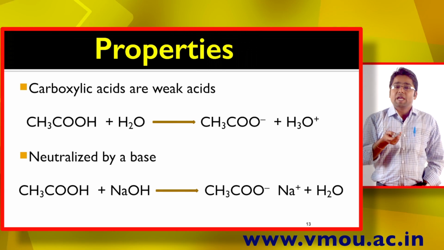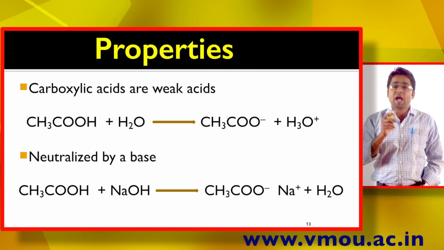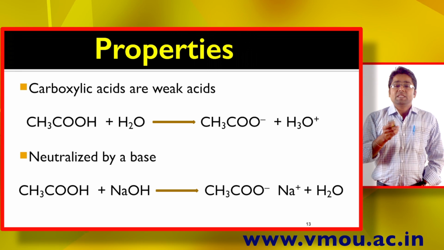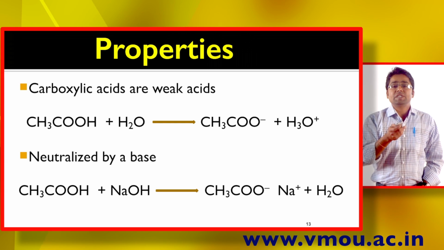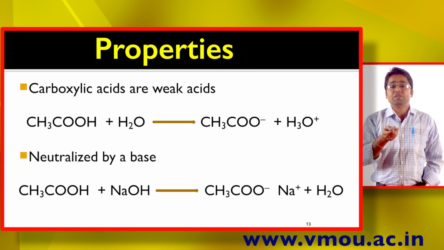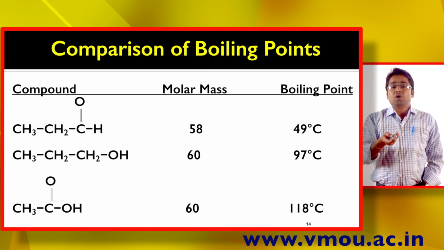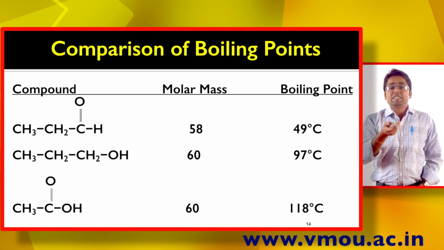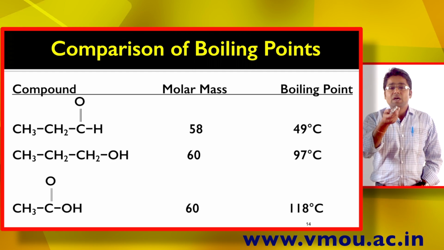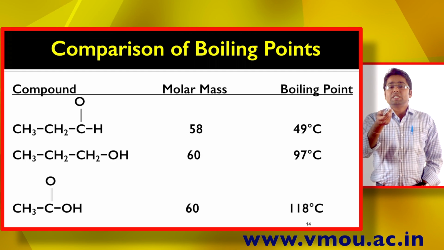Now the properties: carboxylic acids are highly soluble in water. They form carboxylate ions when added to water, and when they react with a base, they form a salt. Here we show the example of acetic acid reacted with NaOH, and we obtain sodium acetate. We have also shown the boiling points of some acids, alcohols and aldehydes.